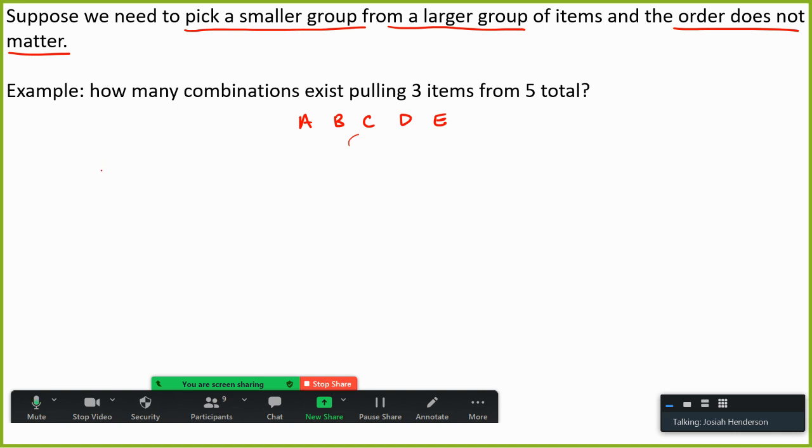Since order doesn't matter now, A, B, C is the same group as A, C, B and C, B, A and B, C, A. These are all the same now because the order doesn't matter. We're just saying if we have the A, B, C in it, it's all the same.